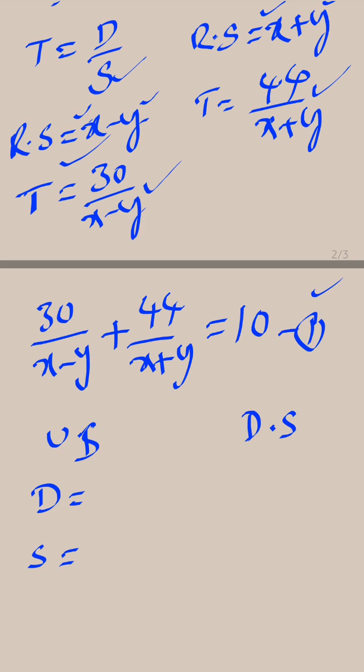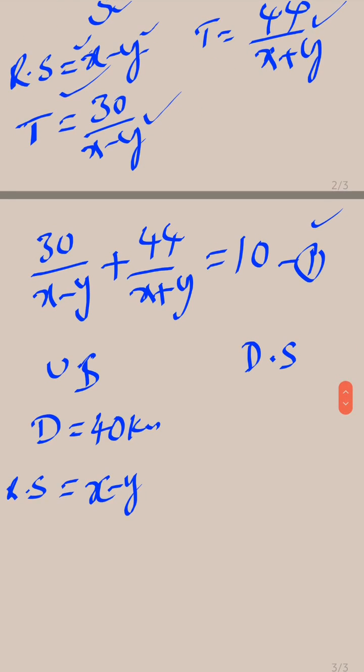Sorry, here for upstream the distance is 40 kilometers, and for upstream we have to take the relative speed. Upstream means, as I said, subtract their speeds. So we got both. Then what is the time? Here we only know both together take 13 hours. So the time for upstream is distance by speed, that is 40 by x minus y.